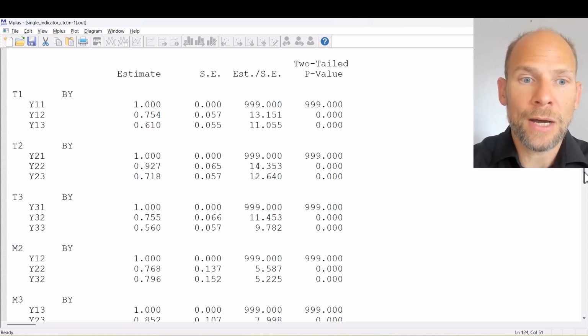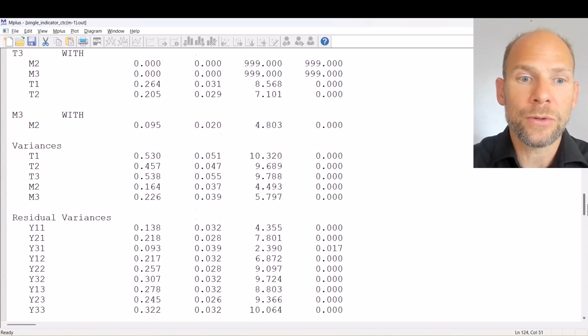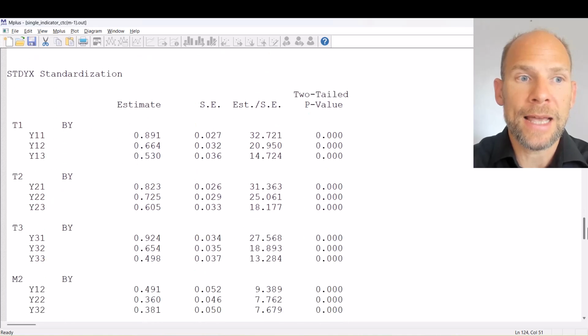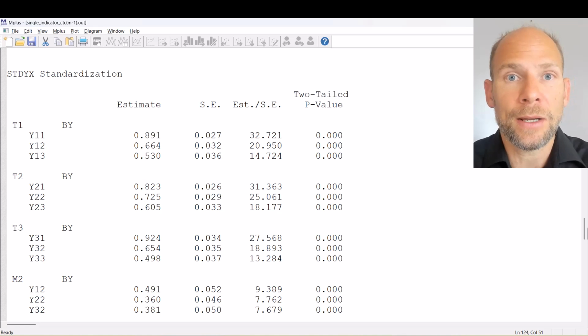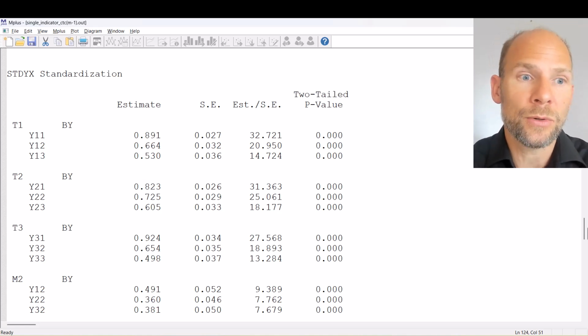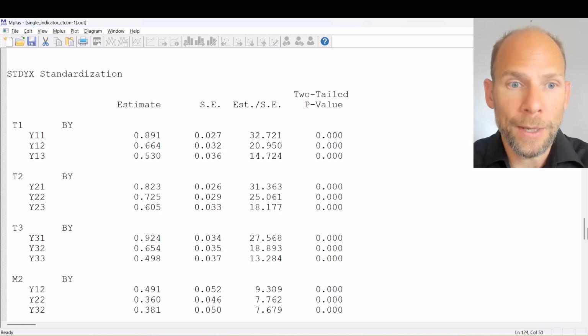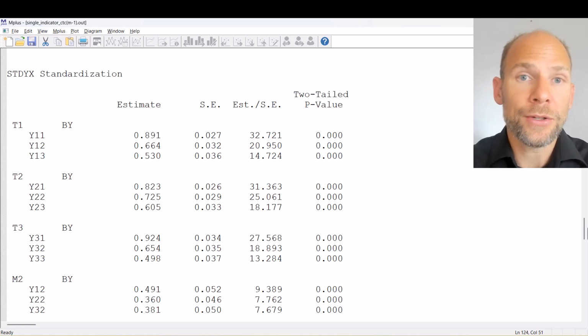So I'm going to go down right away to the standardized solution here, which in Mplus is STDYX. STDYX means it's the completely standardized solution where all variables, including observed and latent variables, are standardized to variances of 1.